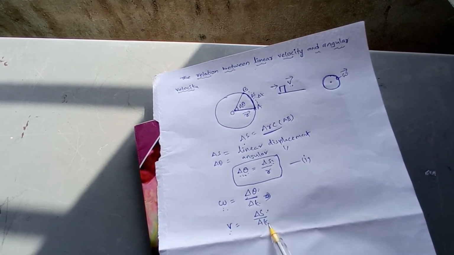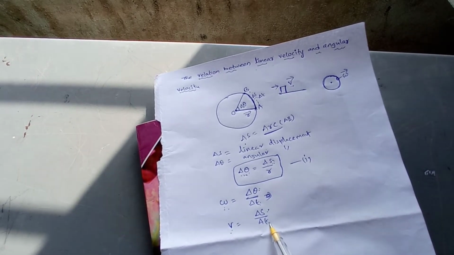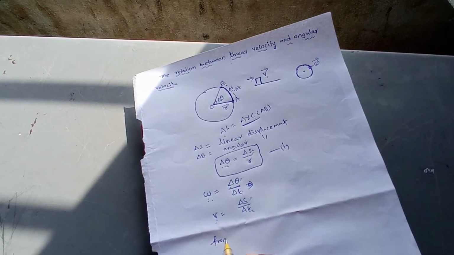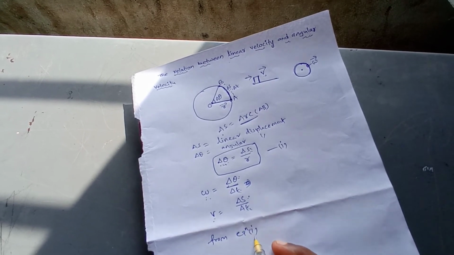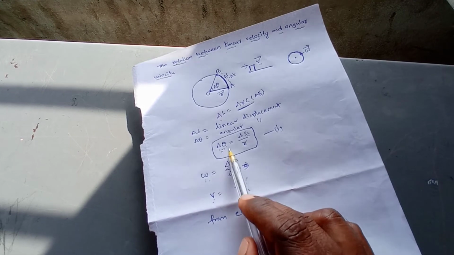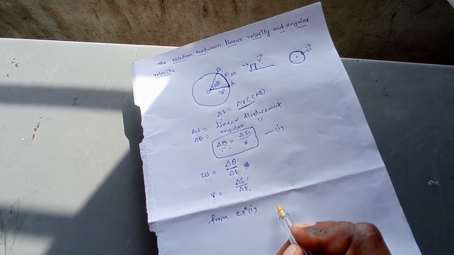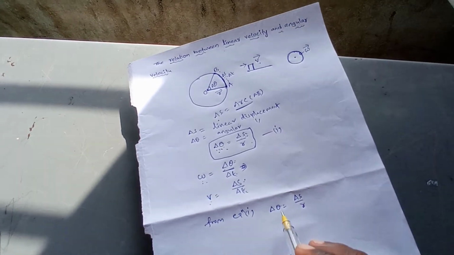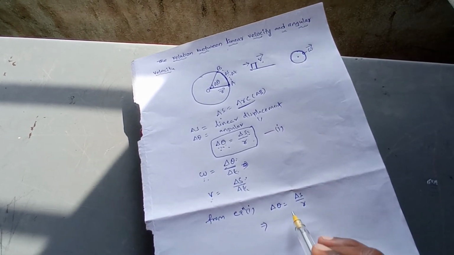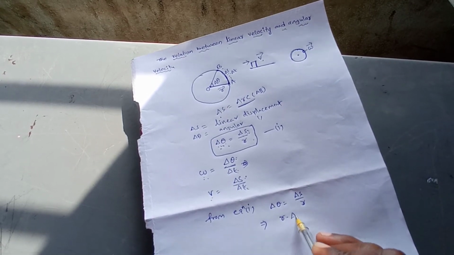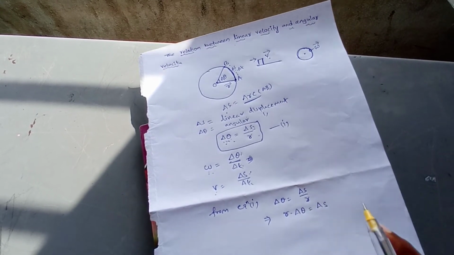Linear displacement per time. From equation 1, delta theta equal to delta S by R. From this equation we can write R delta theta equal to delta S.